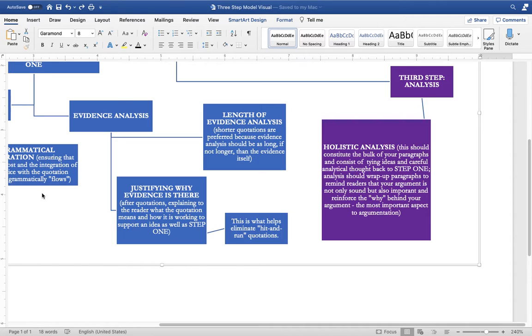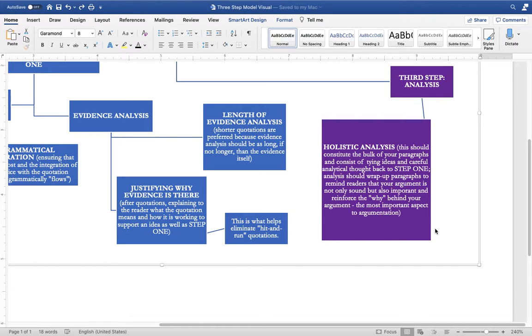So you really want to be careful about how much analysis you're doing and make sure that it's sufficient, and not leave the important work of analysis to that short of a space. We want to economize our space, but you also want to make sure you're doing due diligence to the spaces where you should be giving due diligence in your writing.